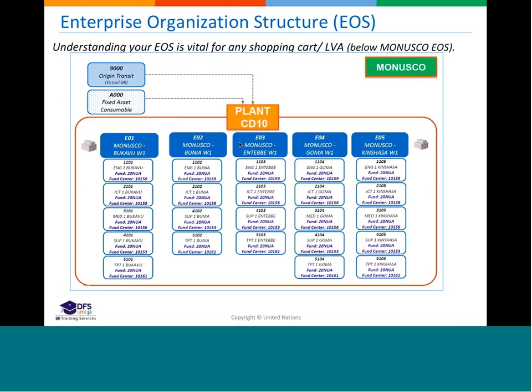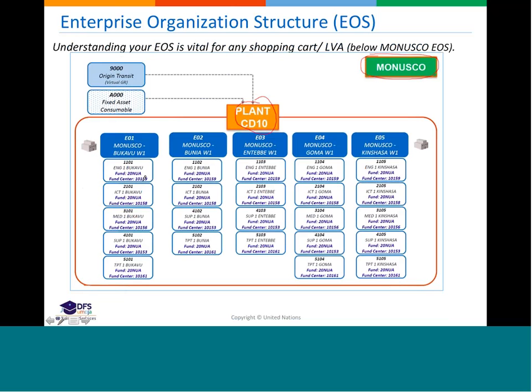So it is important for you to get familiar with the enterprise organization structure in your mission. This is an example for MONUSCO. As you see, MONUSCO is the fund, and then represented in the logistic execution module by the plant, and then MONUSCO has different fund centers.